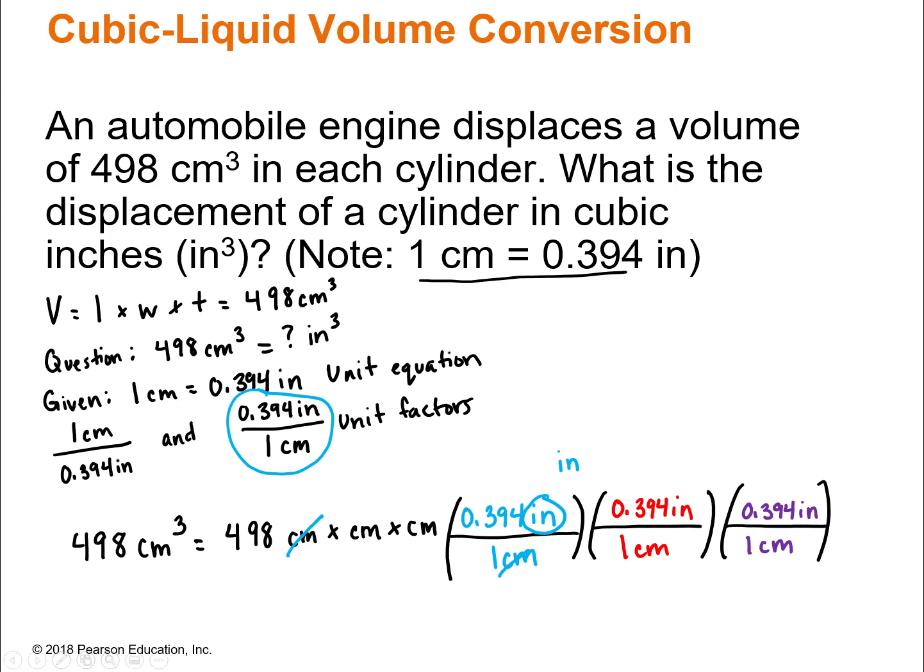Now write it up here. So we're building. We cancel another one, and now we're at inches squared. But we still got 1 more centimeters to cancel out. Now we're at inches cubed.